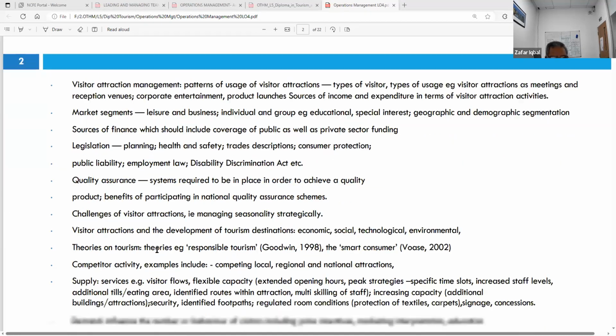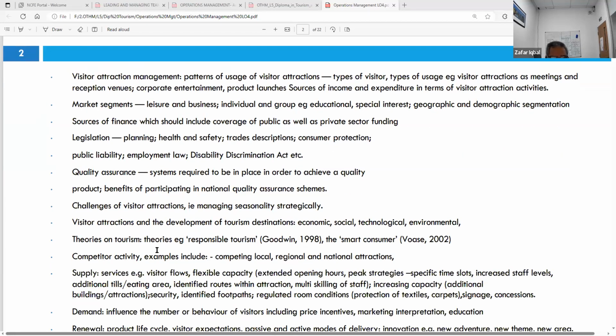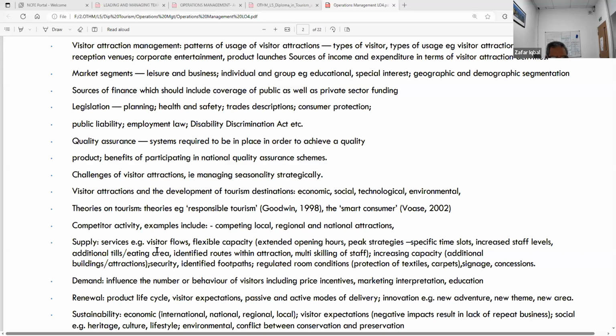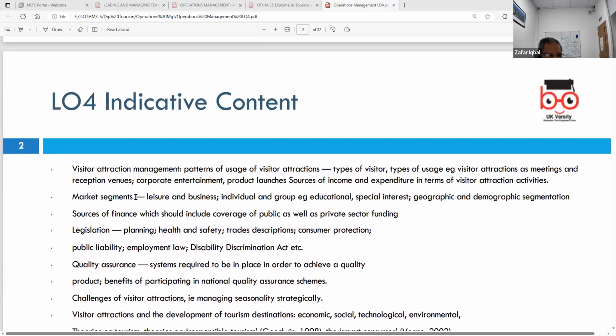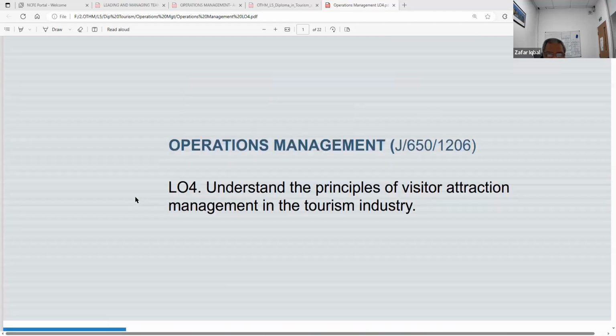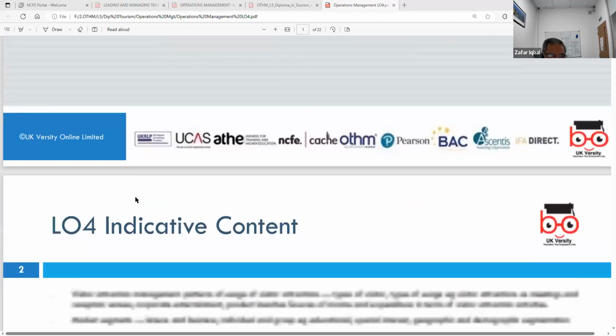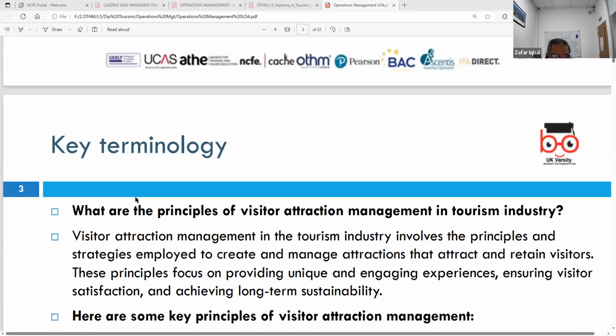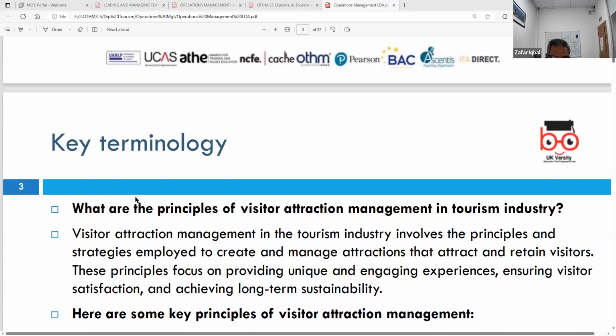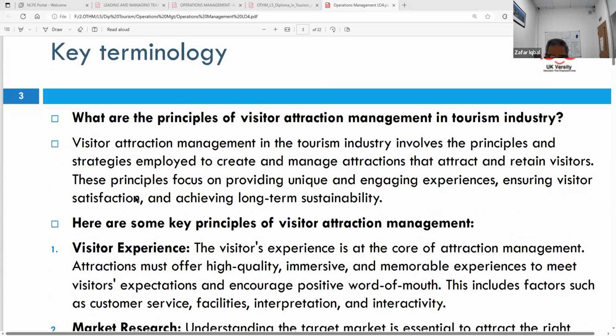There are a lot of theories on tourism, competitor activity examples, demand and supply, sustainability, and all the other bits that go with visitor attraction. So there's a lot of material, and we'll just go through the major bits today.